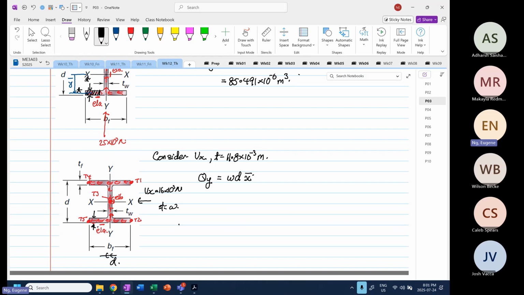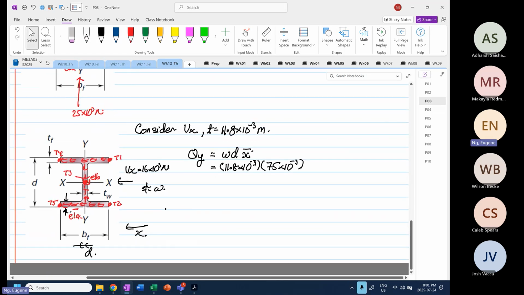This now becomes our depth. X direction is in this direction. That's our x direction. Okay. So from here, we look at our width, which is equal to 11.8 times 10 to the power minus 3. The depth is still 75 times 10 to the power minus 3.